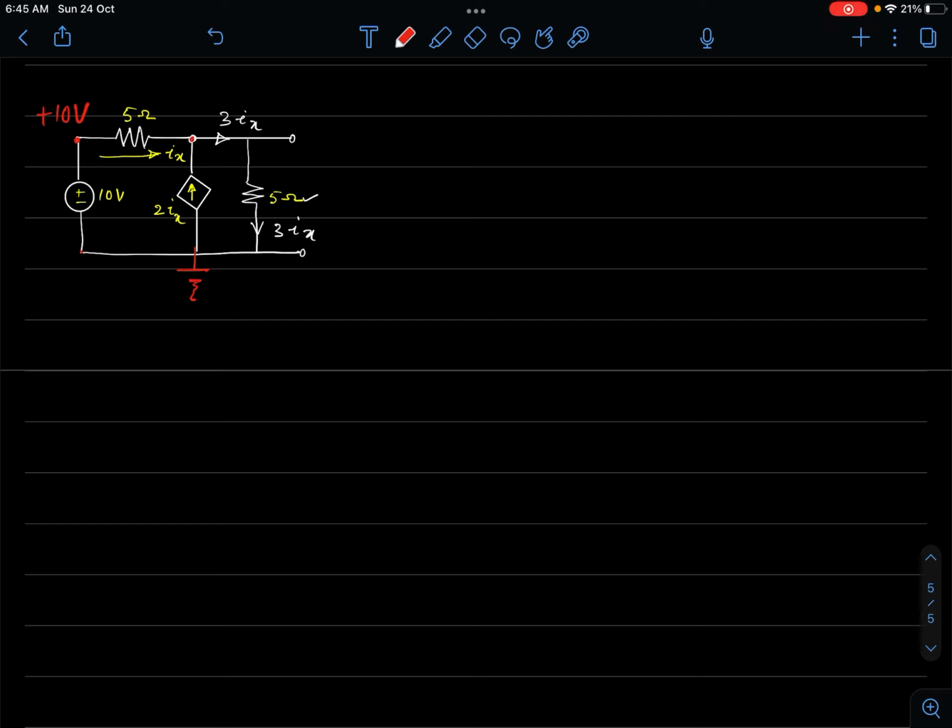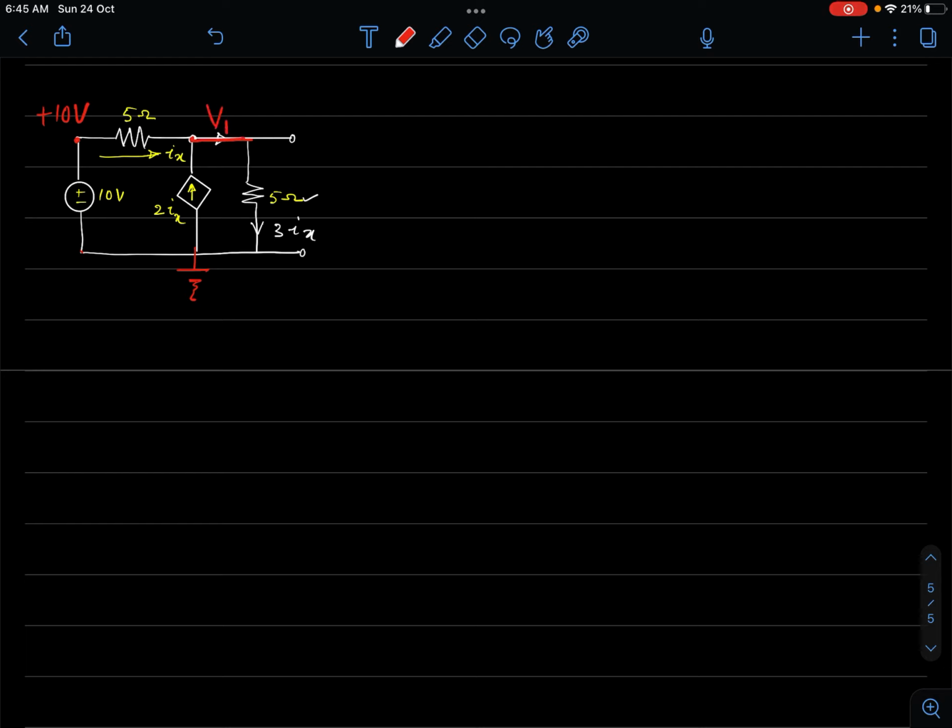There is one unknown node, which I can call V1. I will remove this for the time being. I will define this entire node as V1.